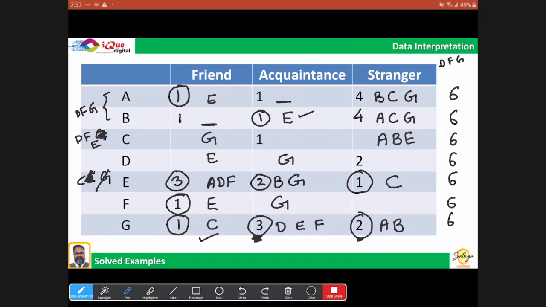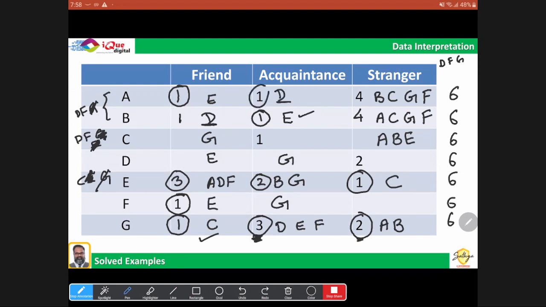So now next, what more information can I fill in the table? I have established G here. G is gone. For C, I have also established E. So now D and F. Now using the same logic, if F is the friend for B, then B should be a friend for F, but F has only one friend, E. So F also cannot be the friend. That means F has to be here, leaving D in this position.